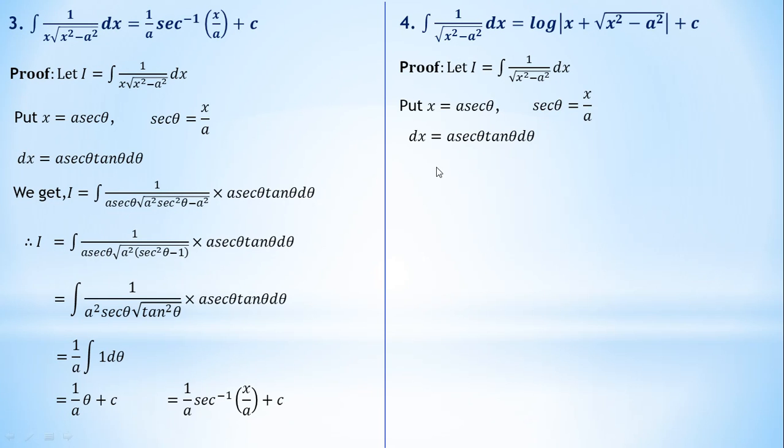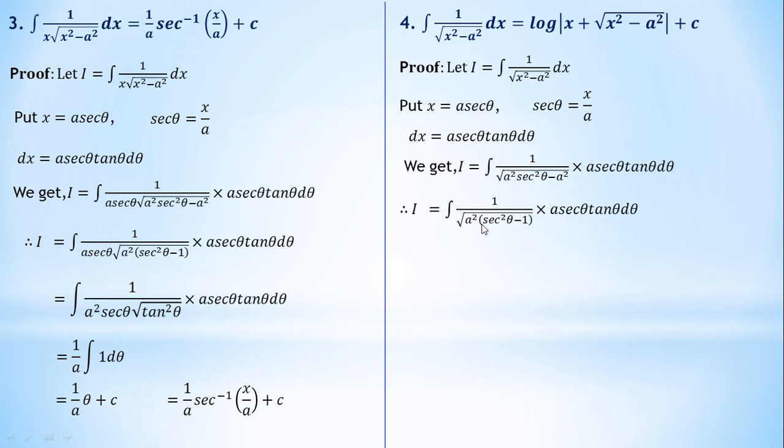So by using the standard substitution, we have to change the given integration, and we get I is equal to 1 upon under root a square sec square theta minus a square into a sec theta tan theta d theta. See this carefully. Now try to simplify this. There is a square common, under root sec square theta minus 1, and this term as it is.